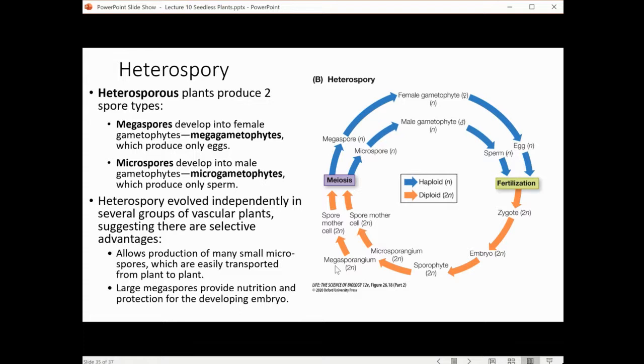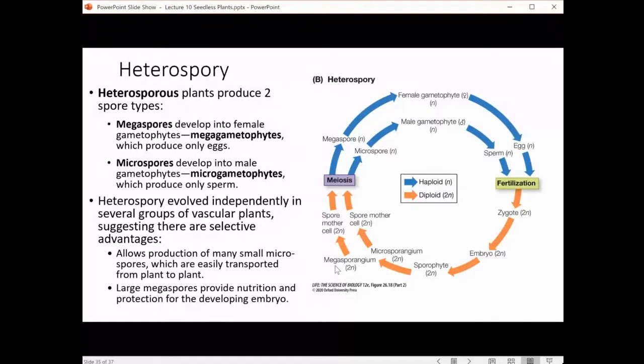Now, when that differentiation really starts to go from the potential to produce both to the potential to produce either one or the other, that's with the development of the microsporangium or megasporangium, right? So basically, you're going to have these specialized gamete producing tissues, and that's why I mentioned ovaries and testes before, that are going to end up producing the egg and sperm.